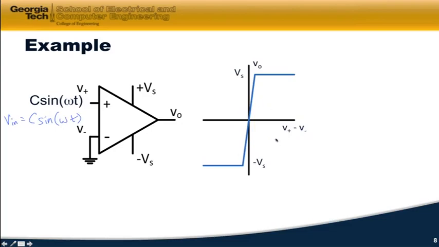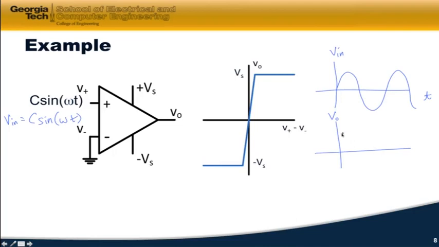Now this is our comparator circuit right here, and we're assuming that C is a fairly large value, so that we're into the saturation region almost immediately as we go through 0. So if this is our sine wave of our input voltage, then we're in the linear region very, very small amount of time. So that means we're almost always in saturation. So my output will actually have a value of V sub s anytime I've got a positive value of Vn.